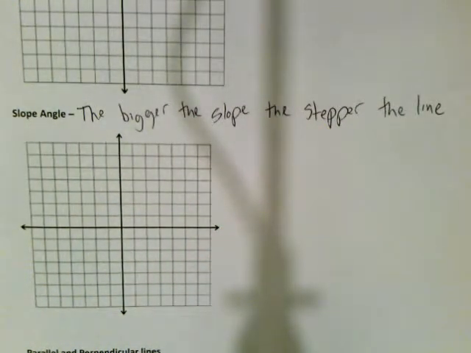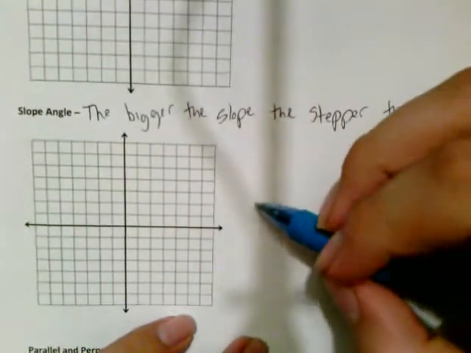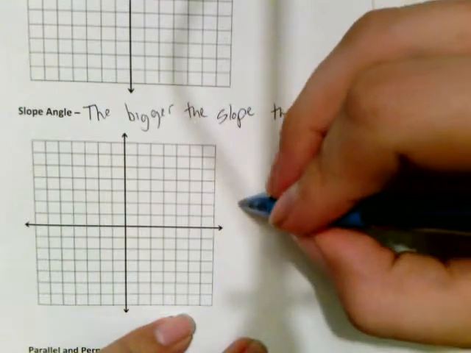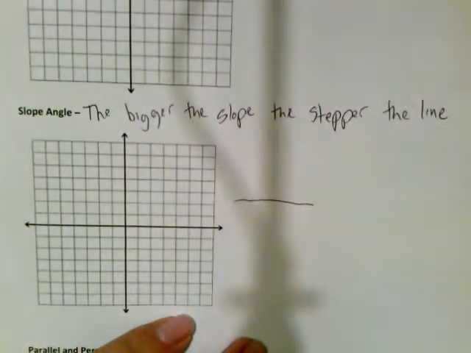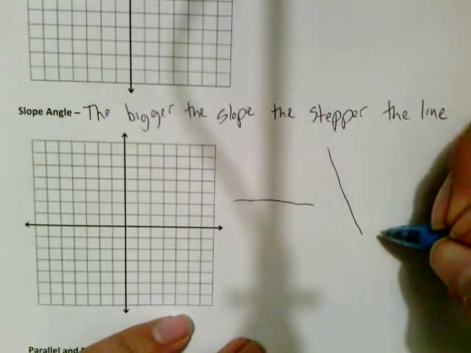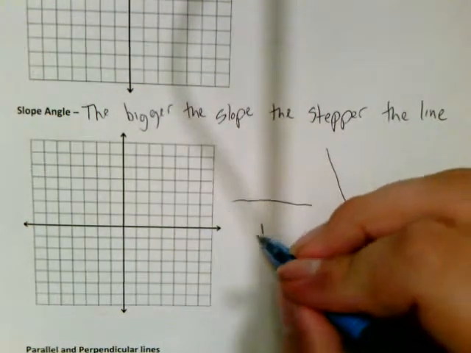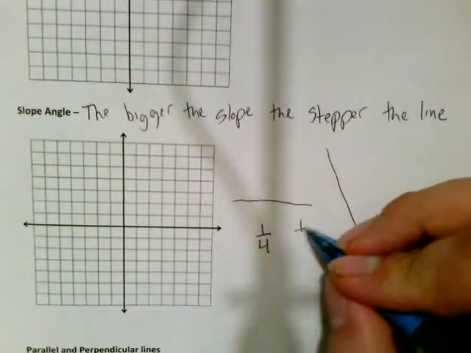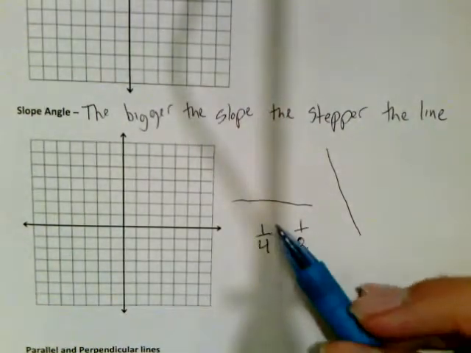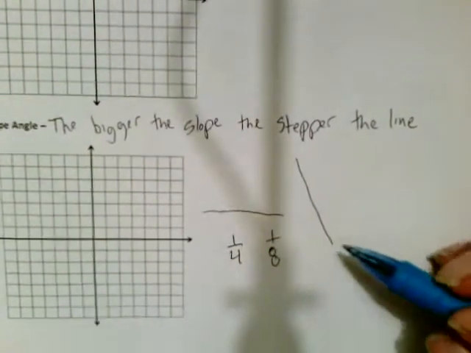Think of a hill. The more the hill is inclined, so if you have a hill that looks like that, it's not very steep. But if you've got a hill looking like that, that means that it's extremely steep. So things like 1/4 or 1/8, these slopes are kind of looking like something like this.